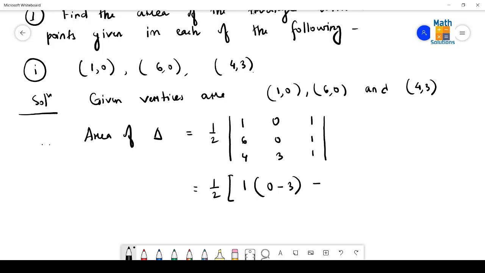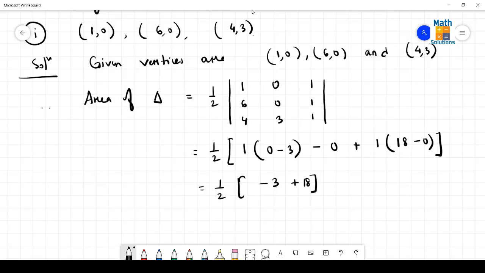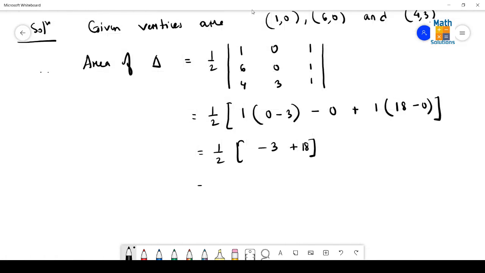The next term is of course 0. Third one will be 1 into (18 minus 0). So the result comes as minus 3 plus 18. So the answer will be 15 by 2 square units.